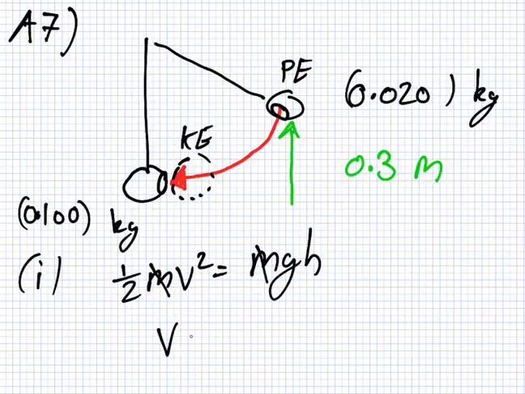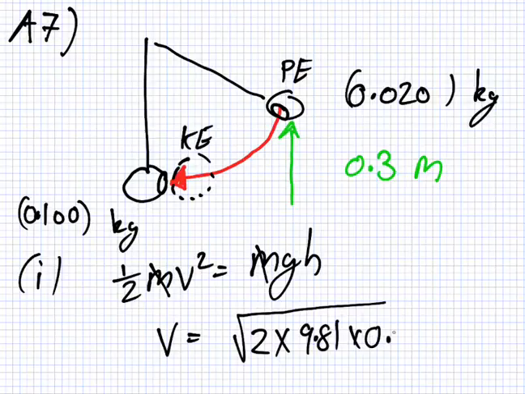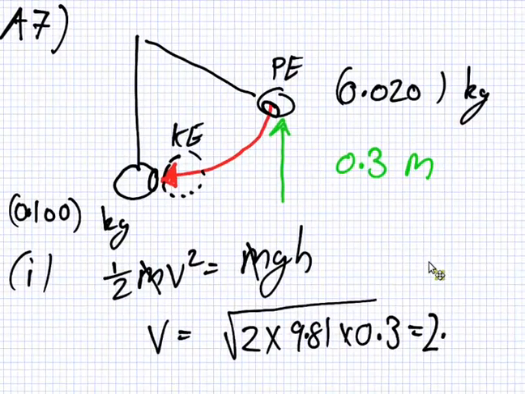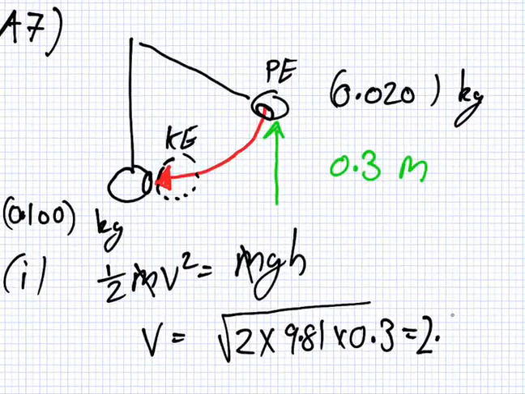So you end up with v will equal square root 2 times g times height, which is 2.426 meters per second.